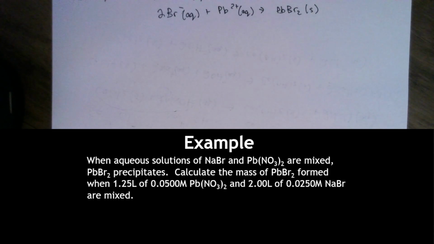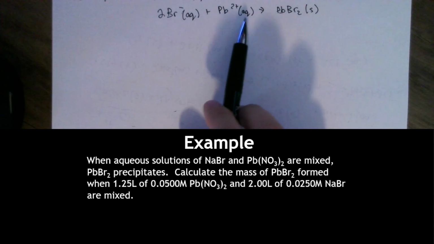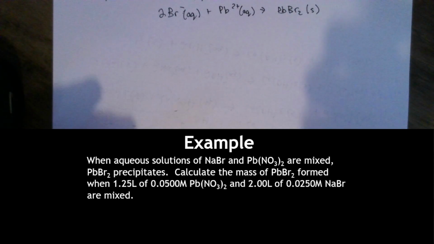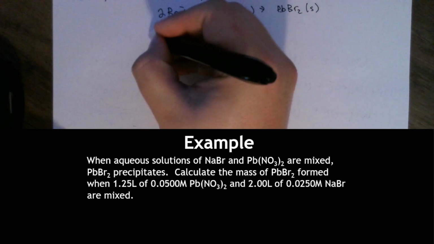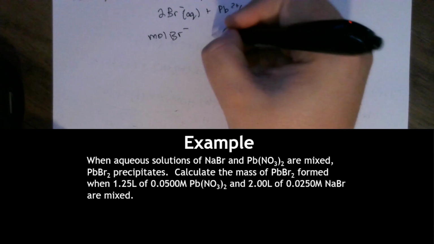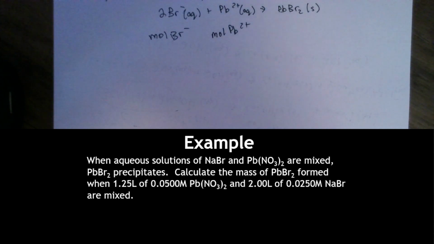That's how the ionics are useful. All right, so I want to see how much Br minus I have, how much Pb2 plus I have. I'm going to use that to figure out how much PbBr2 I have. So I'm going to find out how many moles of Br minus I have, how many moles of Pb2 plus I have, and we'll go from there.